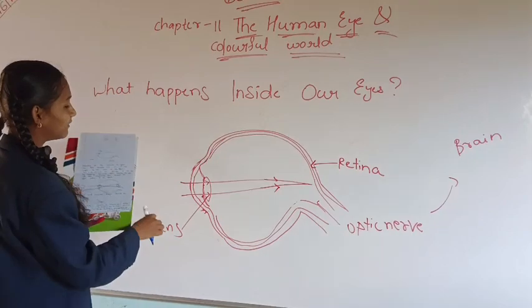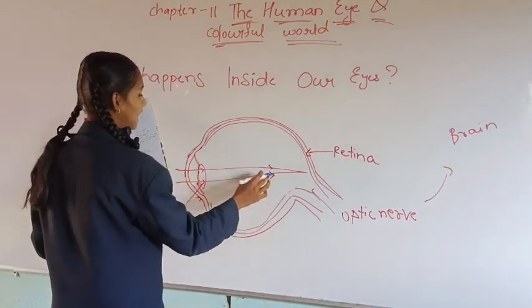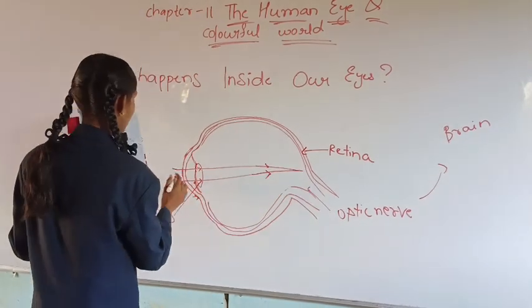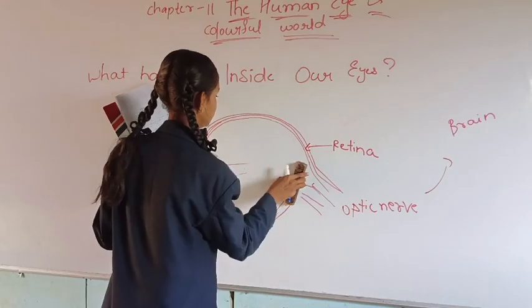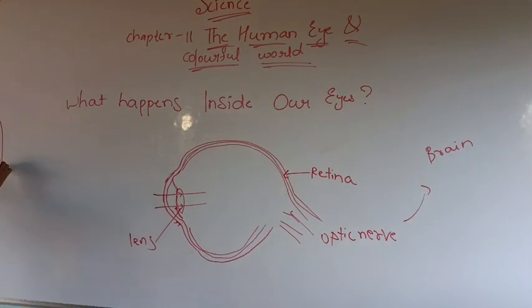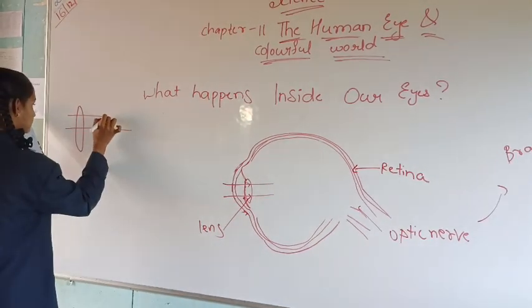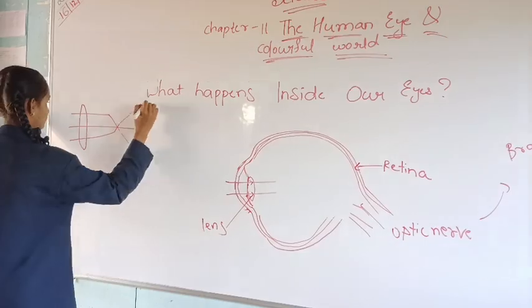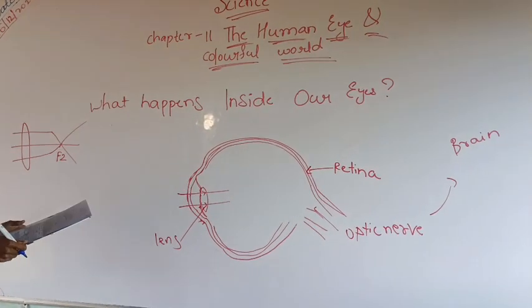Then the light will pass in this way in the eye to the retina. It is like a convex lens.